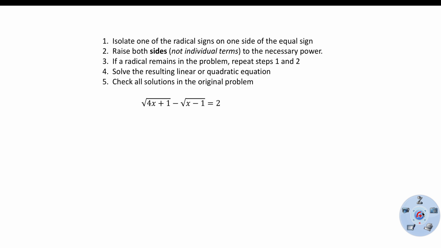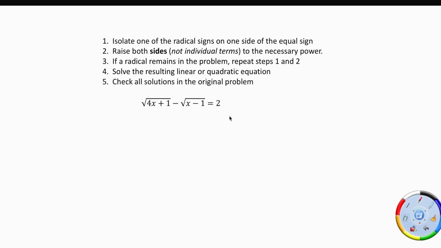Okay, let's look at one that has 2 radicals. Remember, the only way your radical is going away is if it's isolated all by itself. One radical on one side. So you cannot get rid of both these radicals at the same time. You cannot square individual terms.